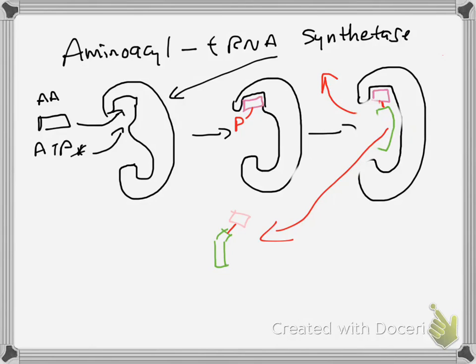Okay, so there's my aminoacyl tRNA that has been made by my aminoacyl tRNA synthetase enzyme. And so now this molecule is ready to travel to the ribosome and take part in translation.